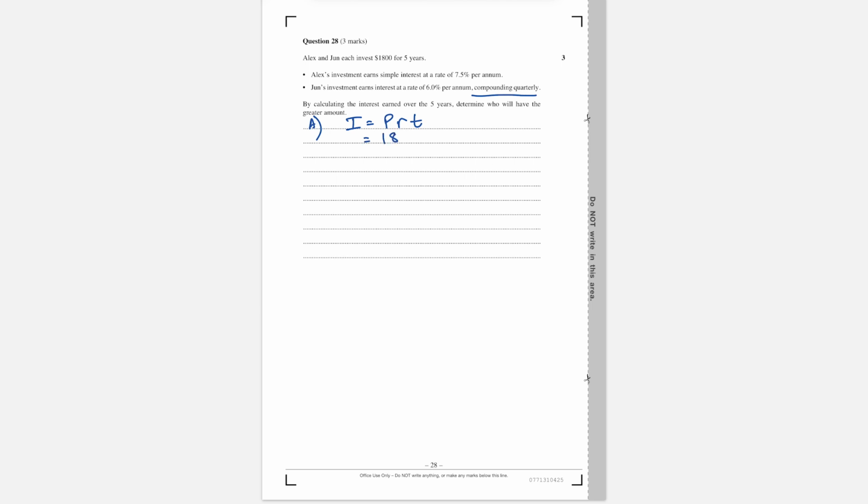So they're investing 1,800, that's our principal, and our rate for simple interest is going to be 7.5%. So that's 0.075 as a decimal. And then our time is going to be 5 years.